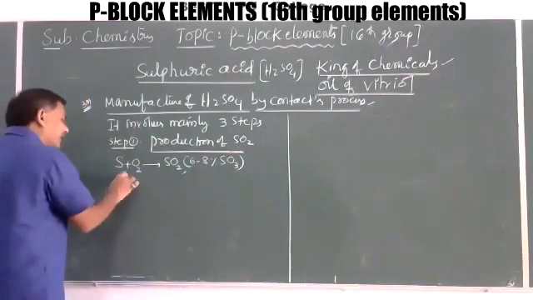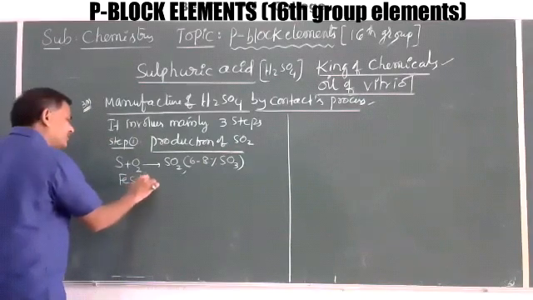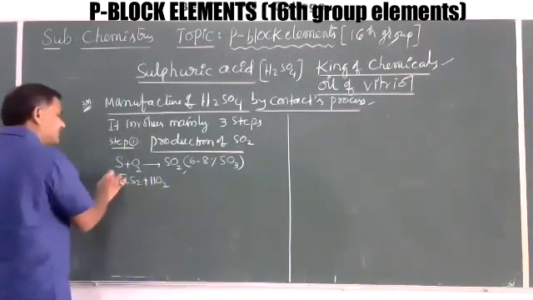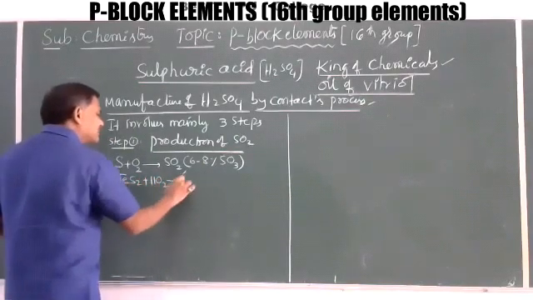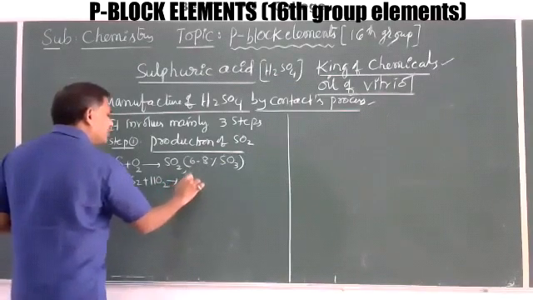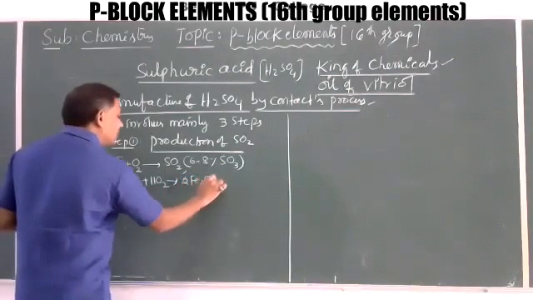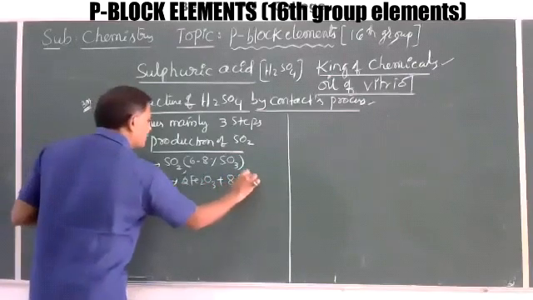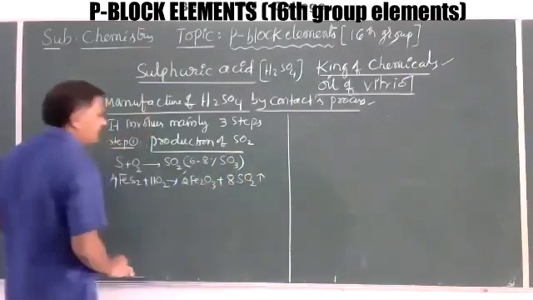Or here the iron pyrite FeS2 with 11 moles of oxygen gives 2 Fe2O3 plus 8 SO2, sulfur dioxide gas.